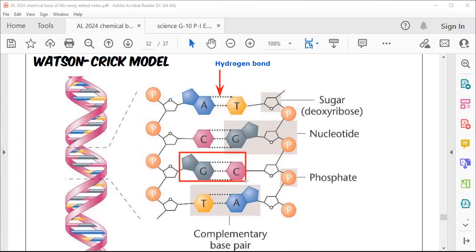Okay. Now, if you take this one like this, there are pairs, correct? It is called a base pair. How do you call it?